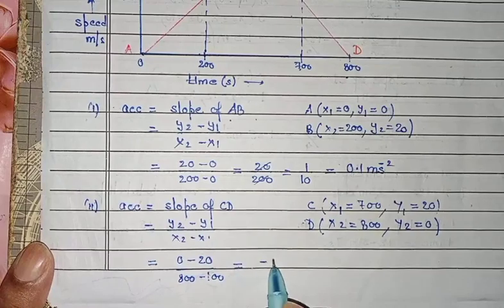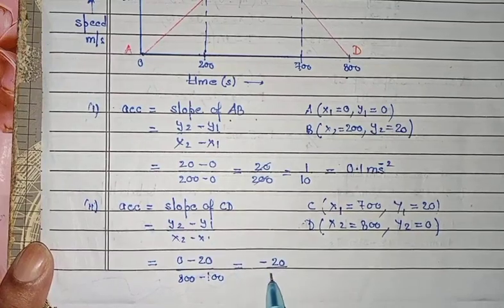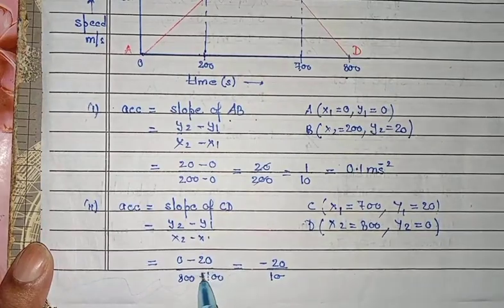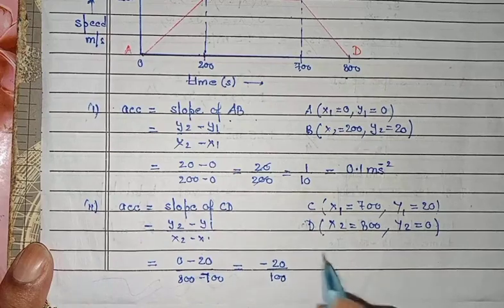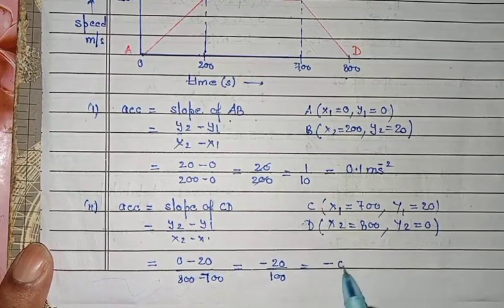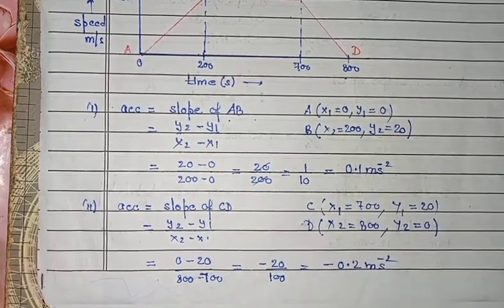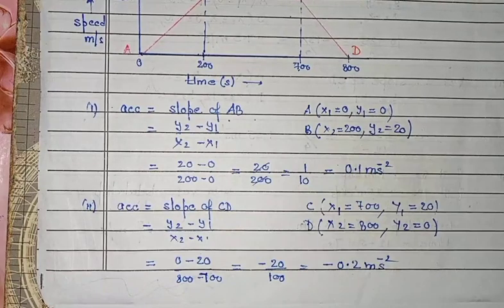So that will give you minus 20 upon 100. So that will give you minus 0.2 meter per second square. So we have got acceleration negative, so we can call it retardation.